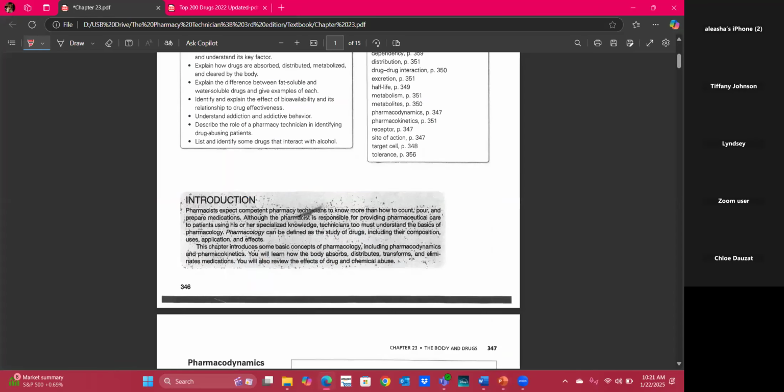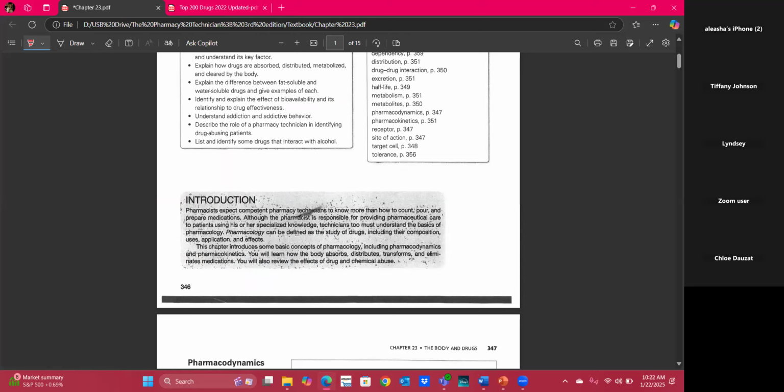So our introduction for chapter 23 on page 346 says that pharmacists expect competent pharmacy technicians to know more than how to count, pour, and prepare medications. Although the pharmacist is responsible for providing pharmaceutical care to patients using his or her specialized knowledge, technicians too must understand the basics of pharmacology.